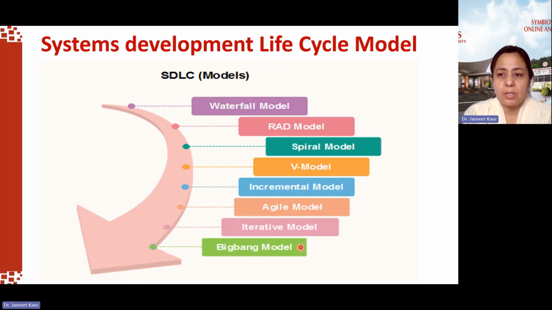So there are various models. We will be discussing one by one what these models are, what their advantages and disadvantages are, and what the benefits of these specific models are.